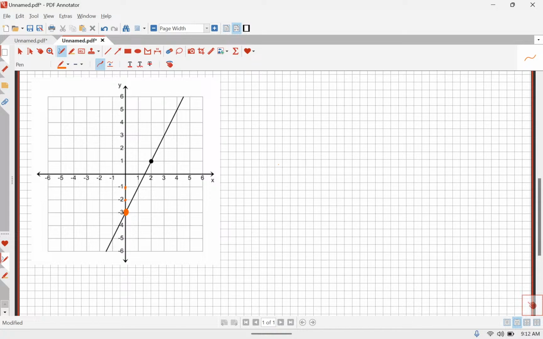Because you go 1, 2, 3, 4, 1, 2. It happens. So what does that make my equation, Rachel? If my change in y over change in x is 4 over 2 and my y-intercept is -3, what should my equation be? Oh, 4 over 2, right?